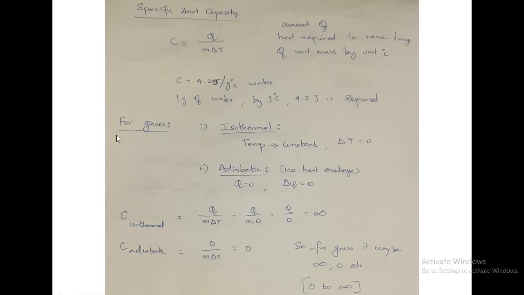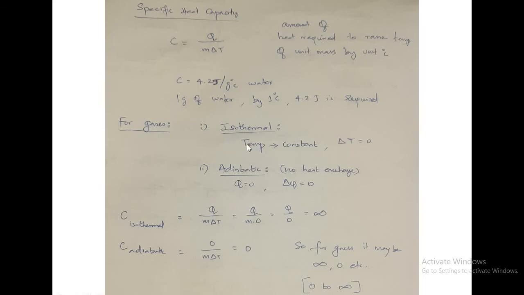In the thermodynamic process, we will deal only with gases, because to understand things we have to discuss gases. When you talk about gases, there are two conditions when temperature has some difference or heat is given: isothermal and adiabatic conditions.